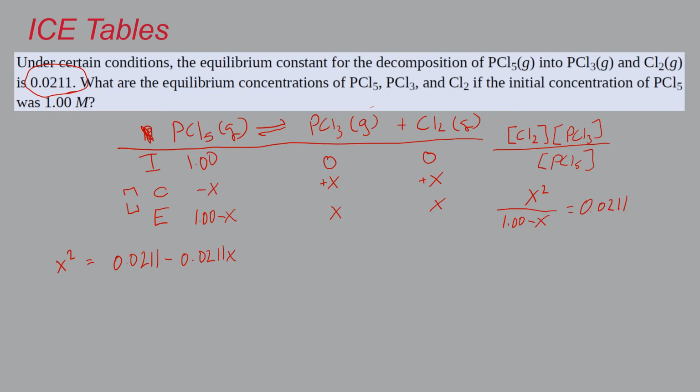So what you want to do, for a quadratic equation, is rearrange it to the form where you've got everything equal to 0. So we just have to bring these terms over to the other side. So we're going to have x squared plus 0.0211x minus 0.0211 equals 0.